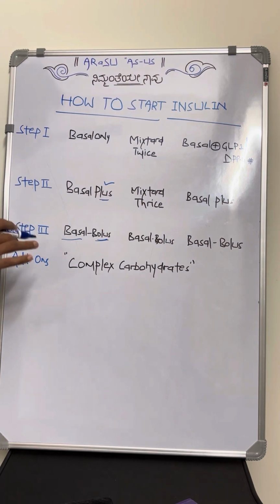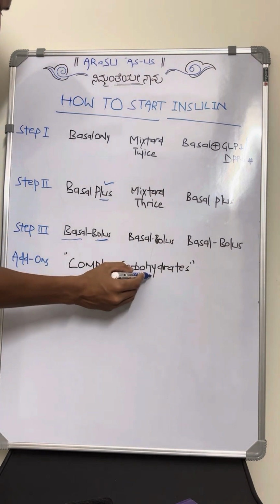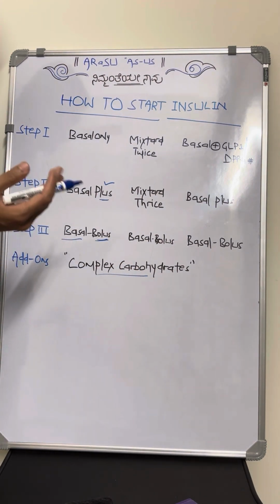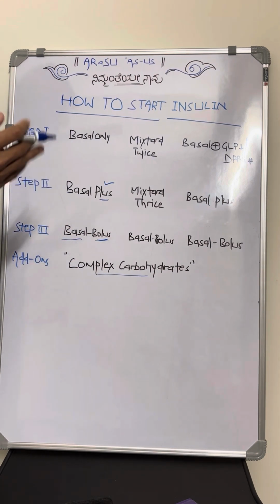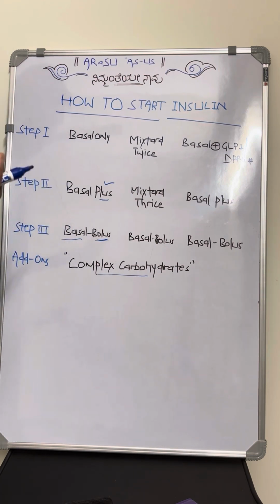One more important thing I want to add: whenever we are treating a poorly controlled diabetes case, we have to advise complex carbohydrates. If the individual can afford it, then we can ask them to change to brown rice instead of white, or to whole wheat chapatis, etc. But most of the Indian population will not be able to afford it and will not tolerate such sudden food changes.